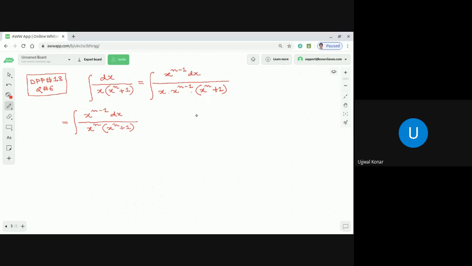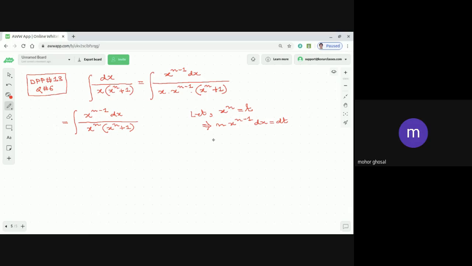After that, as I gave that hint, let x to the power n be equal to t, a substitution with another variable t. Then what we are going to get? n into x to the power n minus 1 dx is equal to dt.